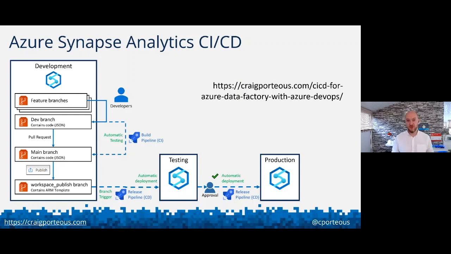Within Data Factory, you can do it all using the ARM templates because all of the components can be deployed that way. But within Synapse, as I said, things like notebooks and everything are not covered, and you need to use that specific Synapse deployment extension. So let's get into a demo and we can see what this looks like rather than talking about it.